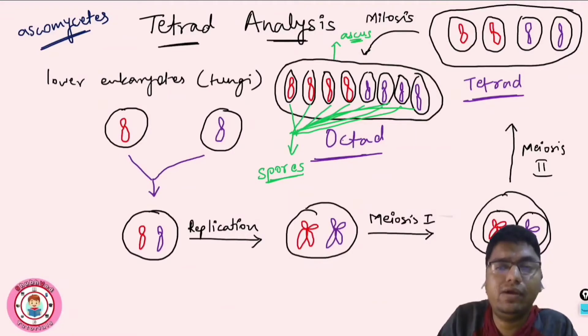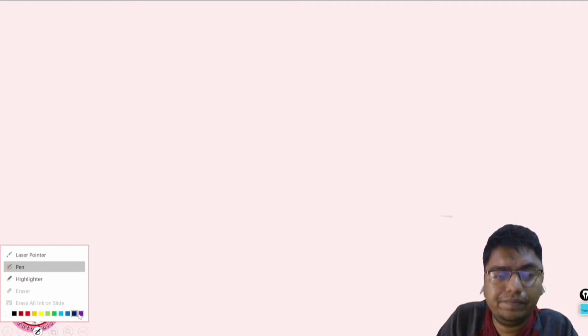Now, depending on the arrangement of the tetrad spores, they are classified as ordered and unordered tetrad. So what is ordered?